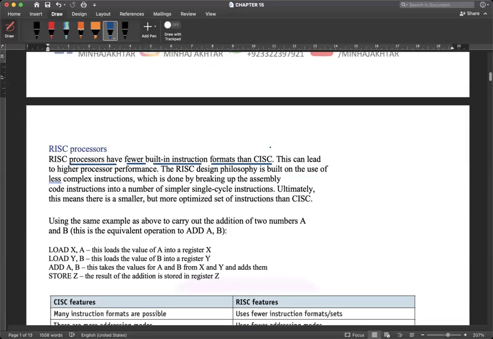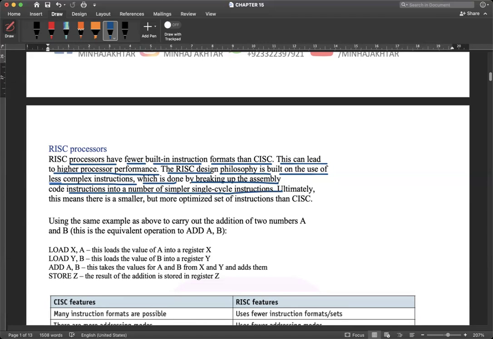Did you get it? Yeah, okay. So this can lead to higher processor performance. The RISC design philosophy is to build on the use of less complex instructions, which is done by breaking up the assembly code instructions into a number of simpler single-cycle instructions.